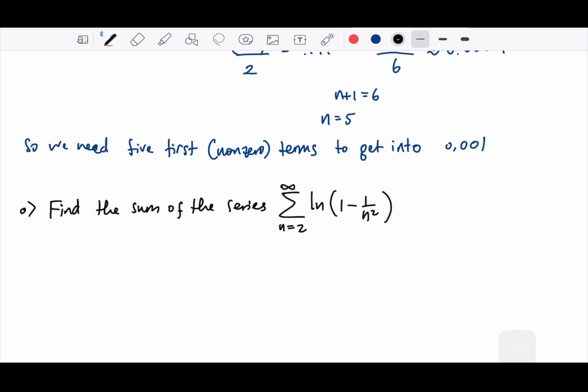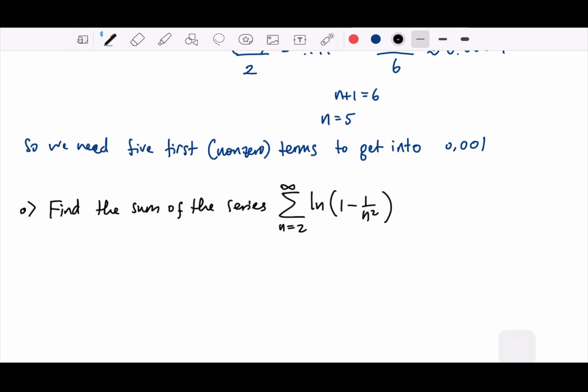Okay, let's go back to the last question here. The idea behind the series is if you look on how the ln forms in the series, the first thing you can do, okay, try this n equal to 3, 4, maybe 5, and try to look on what kind of numbers it makes.